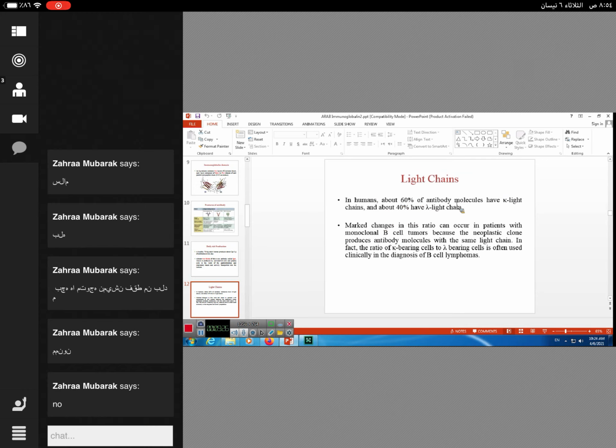More detail shows that there are two different types of light chain, kappa or lambda. We see two different types of light chain in antibody molecules, kappa or lambda. In humans, about 60% of antibody molecules have kappa light chain, and about 40% have lambda chain.